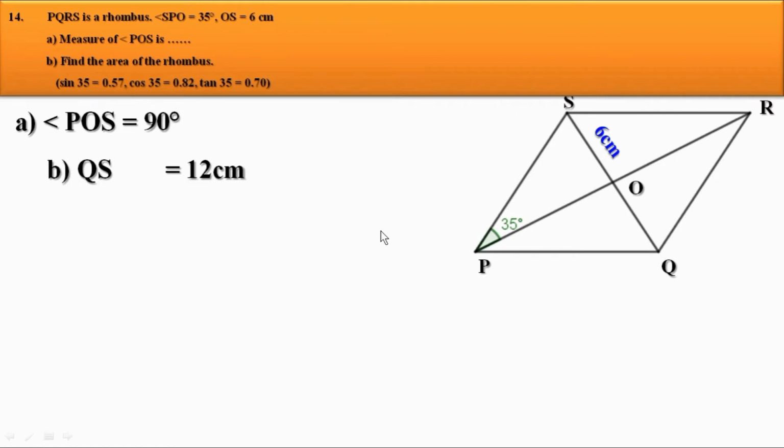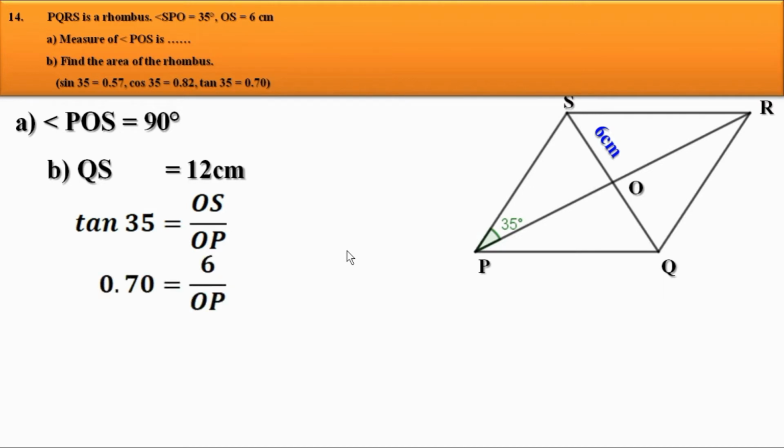So let me take the ratio tan, and tan 35 equal to opposite side by adjacent side, that is OS by OP. Let me replace the values. Tan 35 is 0.70 and OS is 6. So we can write 0.70 equal to 6 by OP.